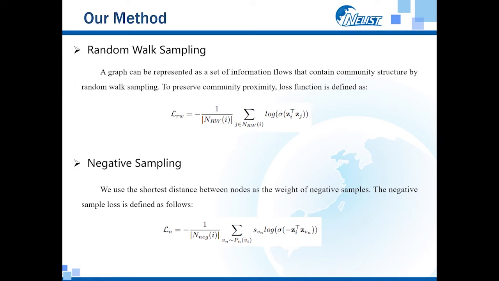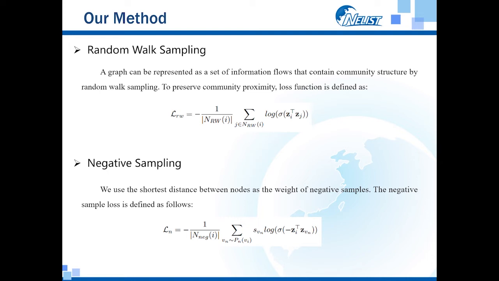And we need to sample several nodes as negative samples for learning effectively. So we define a noise distribution to pick negative samples for each node. The noise distribution we use here is a uniform distribution, and for each node, negative samples with different hops should have different weights.